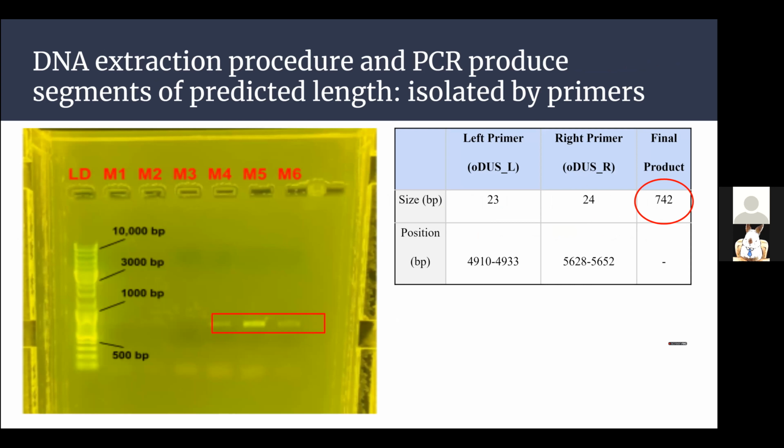So we performed a sequence of protocols for DNA extraction, quantification, and PCR. And we designed primers to isolate that mutation within exon 5 so that we could amplify this region and sequence it. So our final product, based on the primers we designed, should be around 750 base pairs.